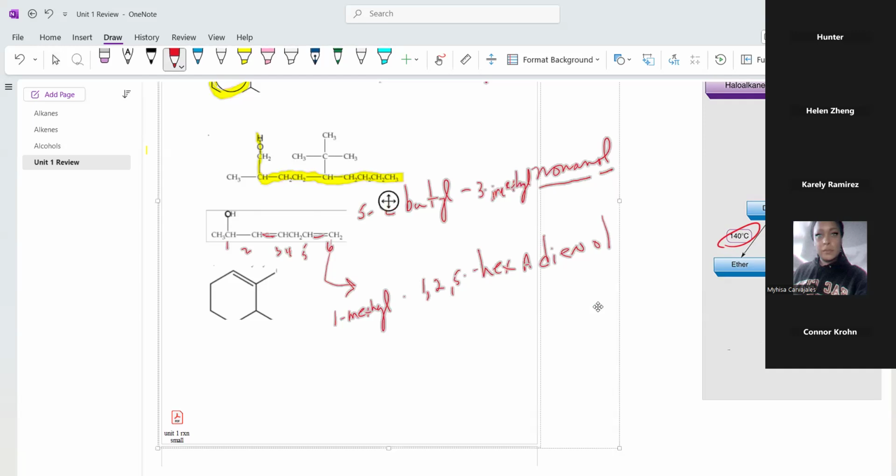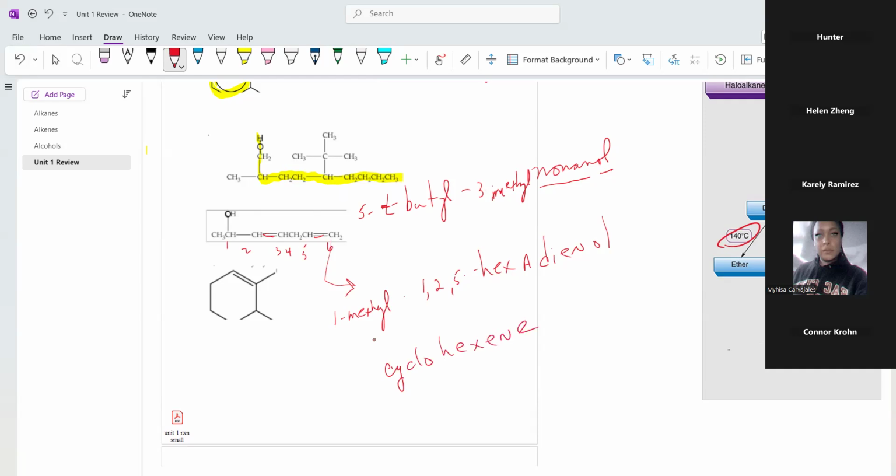Okay, here we've got a cyclohexene, and the numbering is either going to go this way or this way.